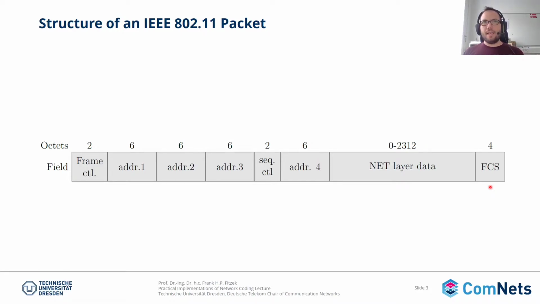Or there are errors that could not be corrected, in which case this FCS, the cyclic redundancy check, would fail the check, and the packet would be discarded. It is a hash computed over all the bits of the packet. So if there is one erroneous bit that could not be corrected, the CRC would fail, and this layer would know that there was an error that could not be corrected.